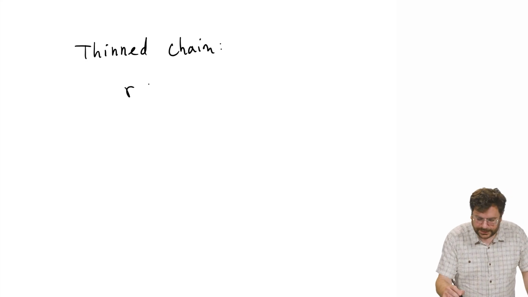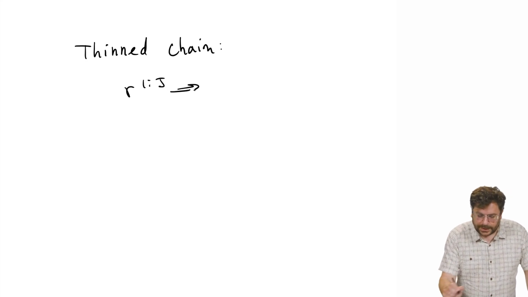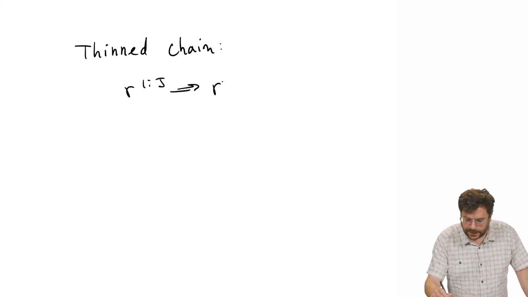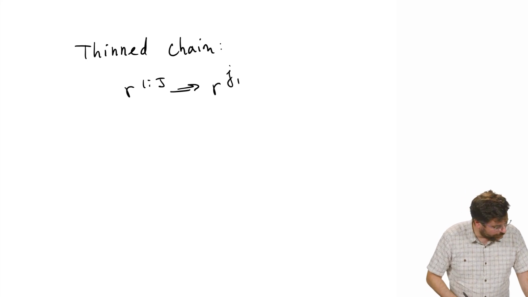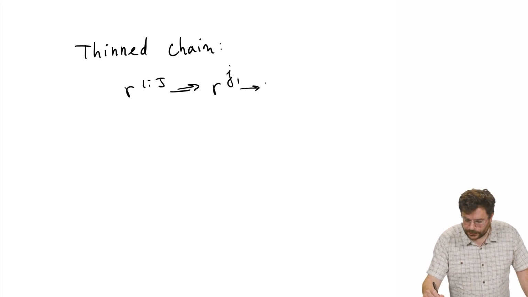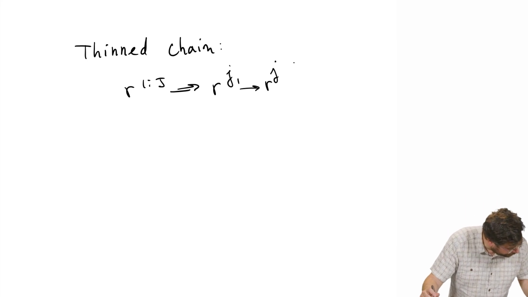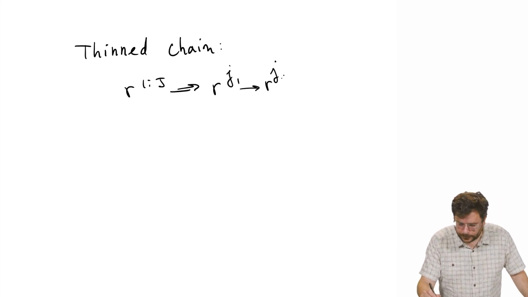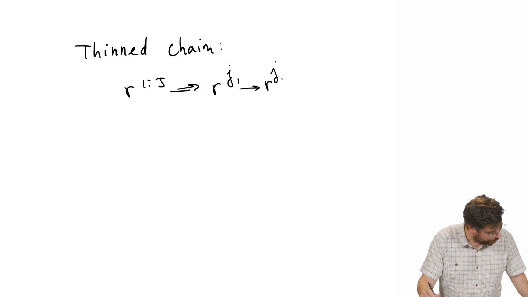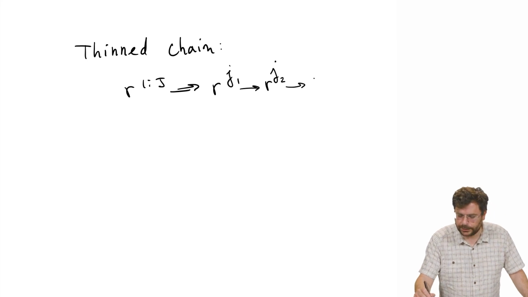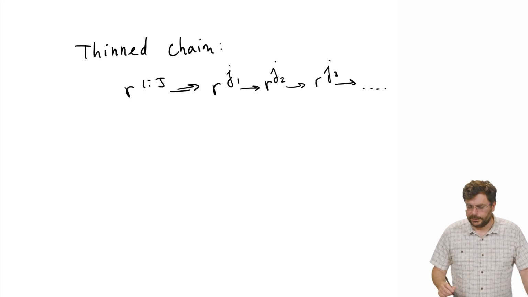So we go from R 1 to J to R of J1, to R of J2, R of J3, and so on and so forth.